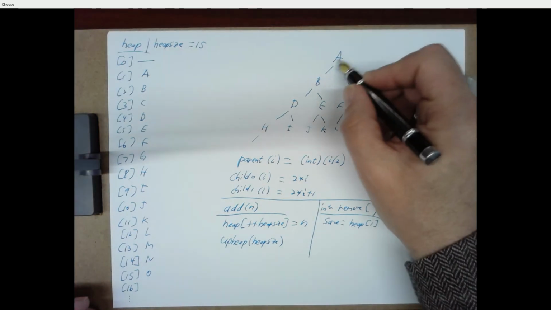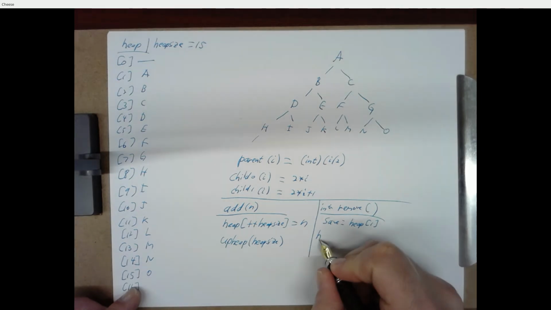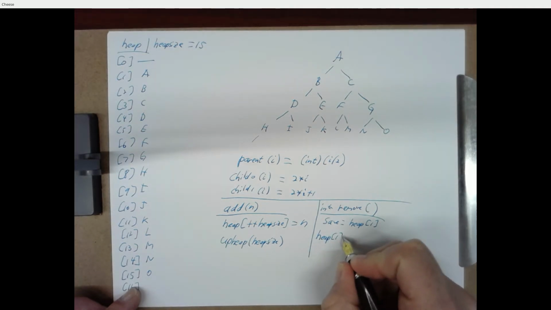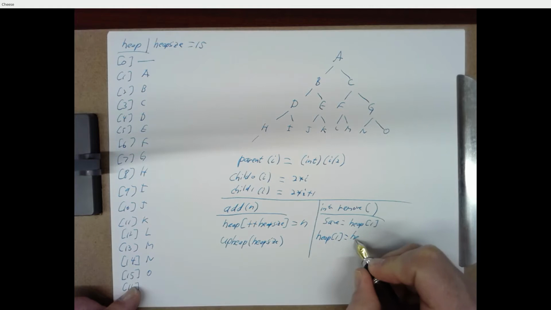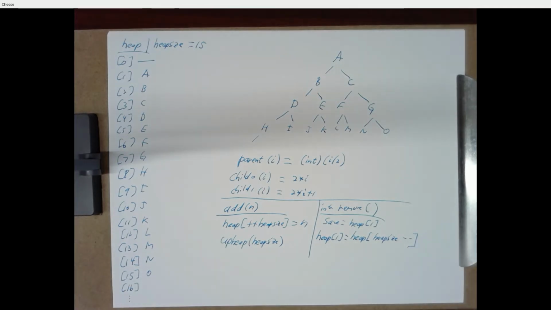So we're going to get that out of the heap, and what do we replace it with? Yeah, the rightmost on the bottom layer, right? So the last entry. So heap bracket 1 equals heap bracket heap size, and we'll post decrement because we've got one fewer things in the heap.